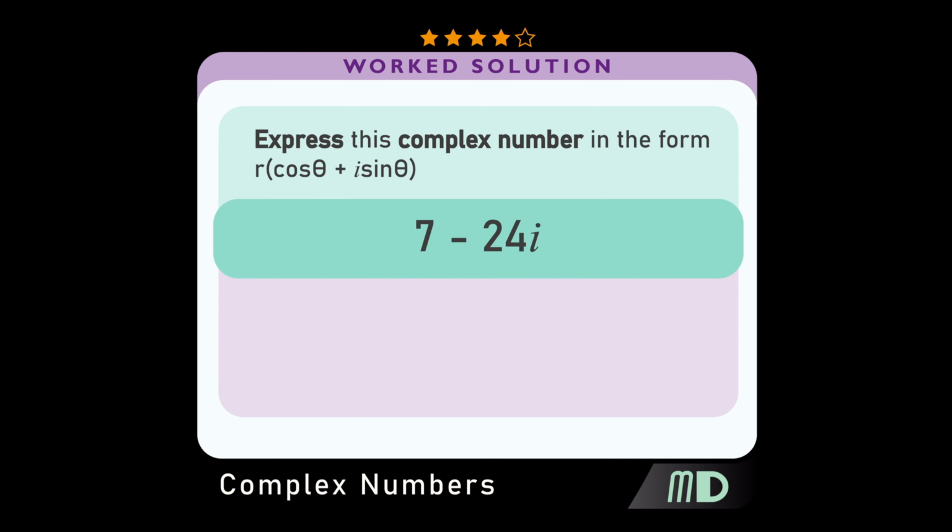The complex number we've been given is 7 minus 24i, and we're going to call this z.